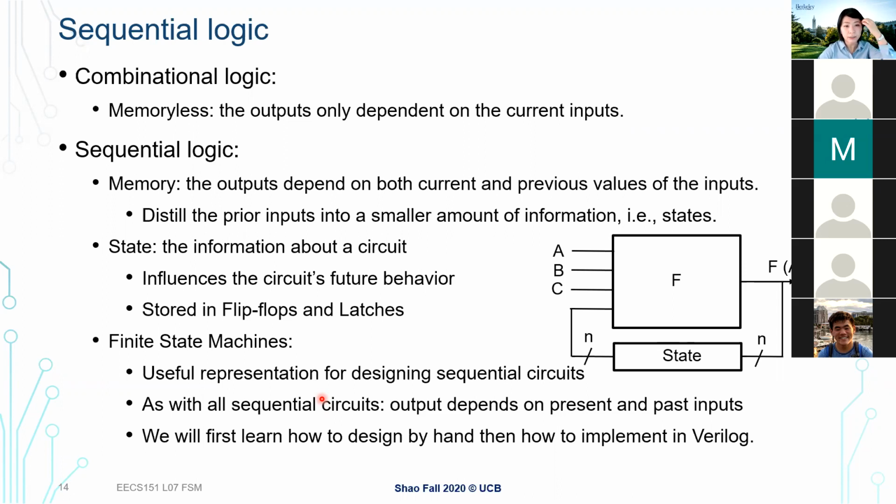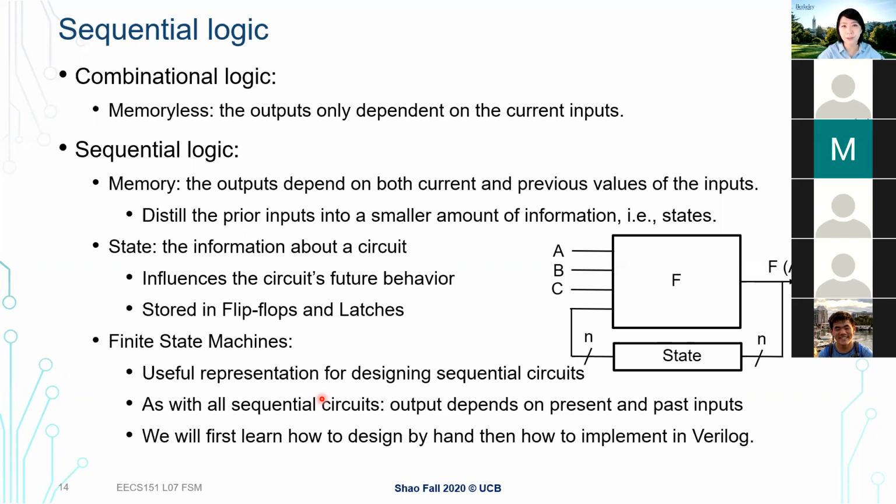So the state is basically the information that we want to store about the circuit, and we briefly talked about latches and flip-flops and how they can be used to store state. We'll talk more about how we can use transistors to build latches and flip-flops later in this class. So specifically for sequential logic, we like to talk about how we can use what we call finite state machines to express the operations or computations in the sequential logic. Some of you may have already seen this discussion in 61C, where we talked about combinational and sequential logic before.